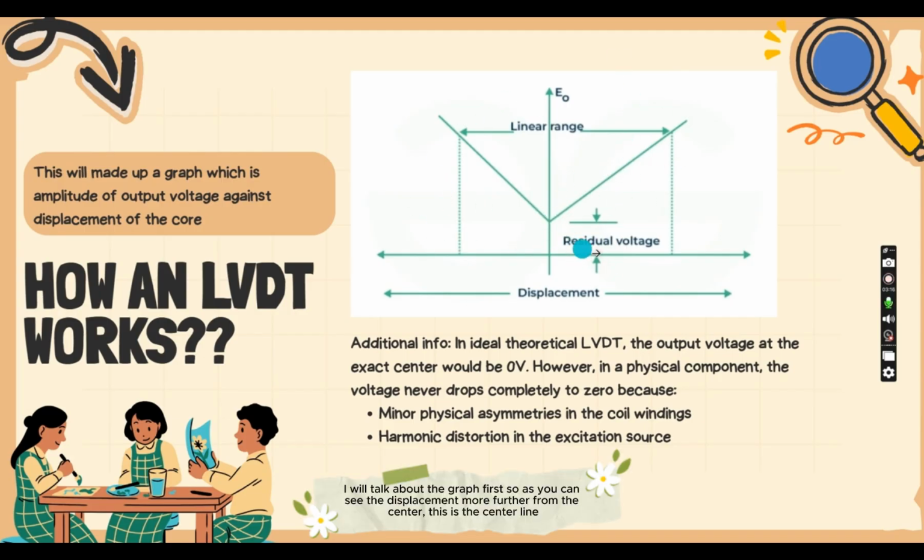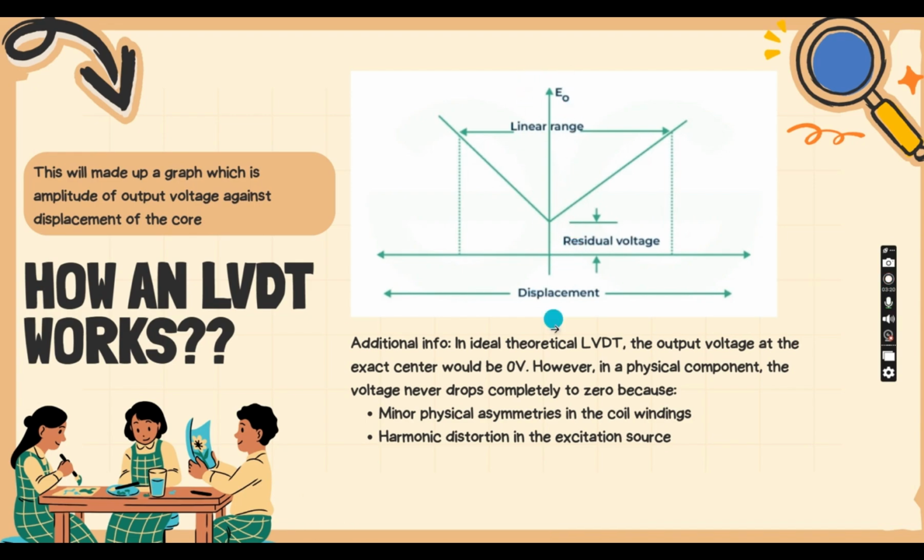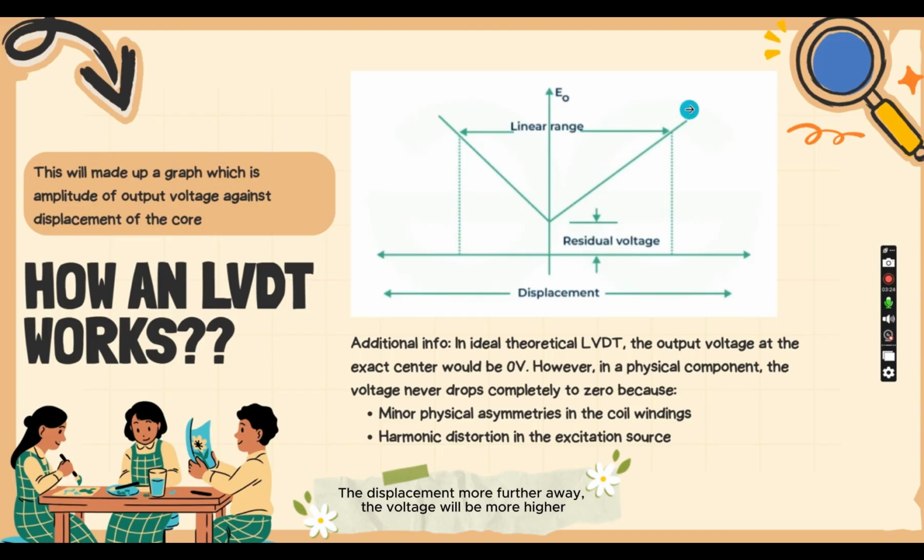As you can see, the further the displacement away from the center line, the higher the voltage will be, just like the theory just now, because the voltage difference is much higher. It is the same for negative displacement. Since it is further away, the magnetic flux is more imbalanced, so it will produce more voltage difference. So this is the graph here.